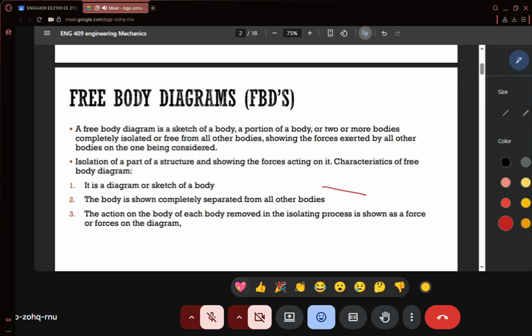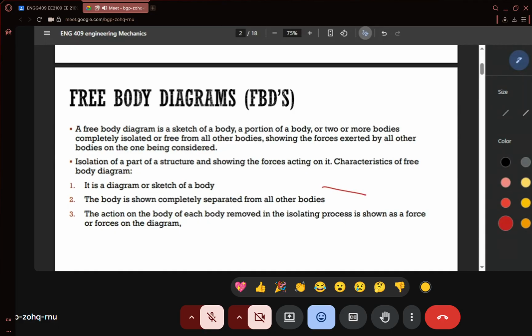All right. Next one. The body is shown completely separated from all other bodies. So that's why it is a free body diagram. You need a free body, free from other bodies. And lastly, the action of each body removed in the isolating process is shown as a force or forces on the diagram.